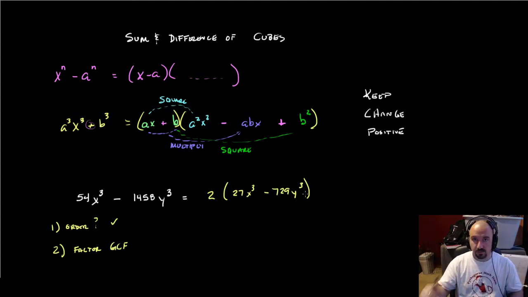That's fine. What you're going to do is decide that both are even numbers, pull a 2 out, and then divide each of these terms by 2, and then put that result back in the parentheses. So just take your calculator, say 54 divided by 2, and the answer is 27, so it goes in the parentheses. Same way with the 729. Take 1458, divide by 2, and then you're going to get 729.